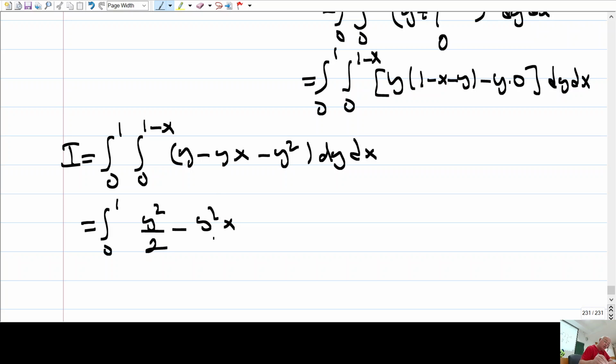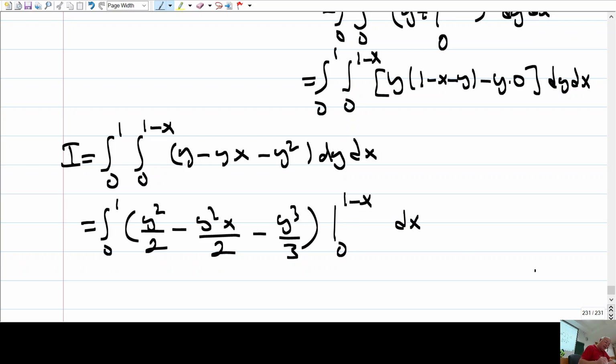This is y squared times x over 2 minus y cubed over 3. And here I will plug in 0 and 1 minus x for y. And then we have dx.